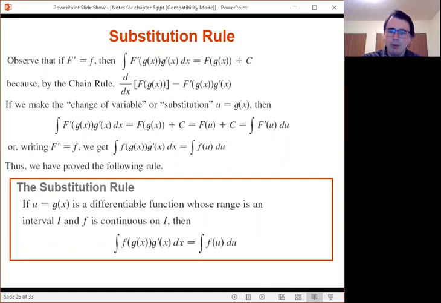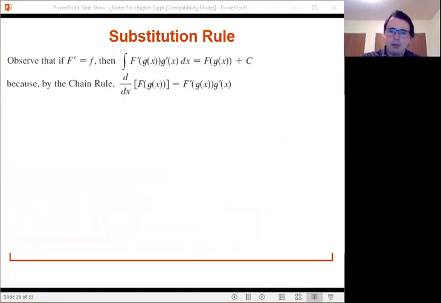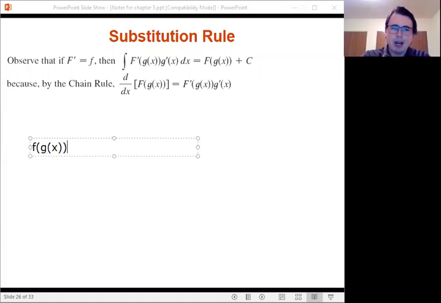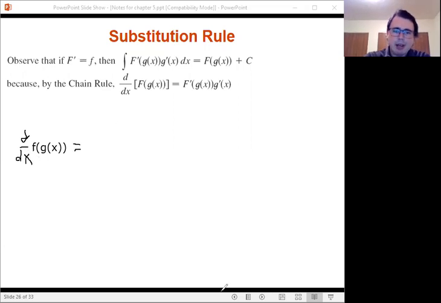So I know if I have, let's say, f of g of x, and I want to calculate the derivative of this thing, I'll have d on dx, I'll have f prime with a g of x plugged in, all times g prime of x.